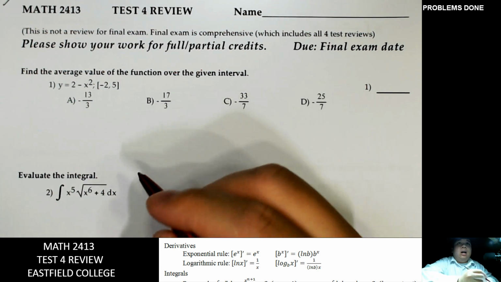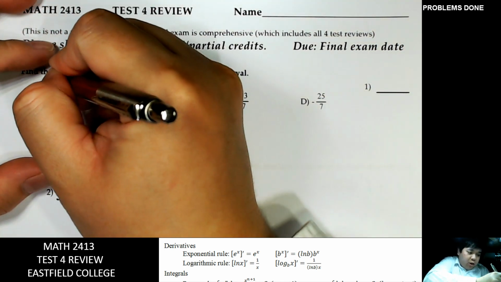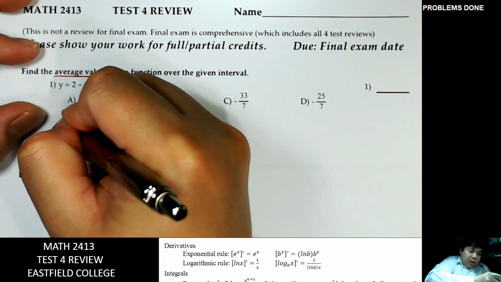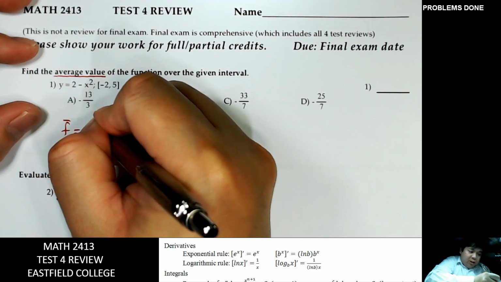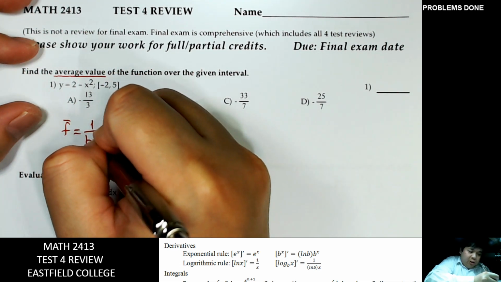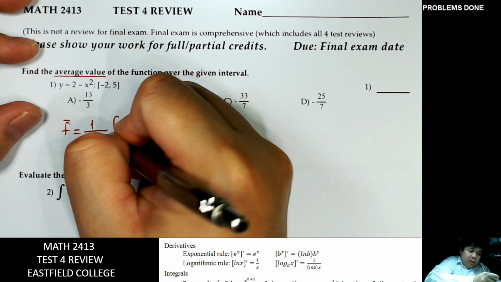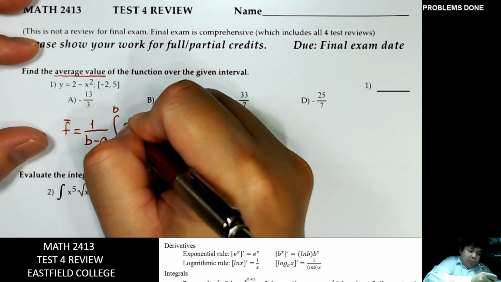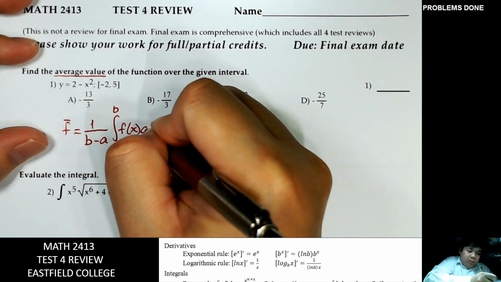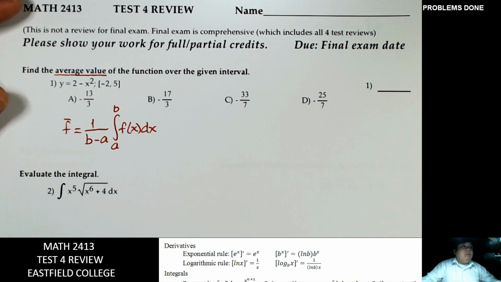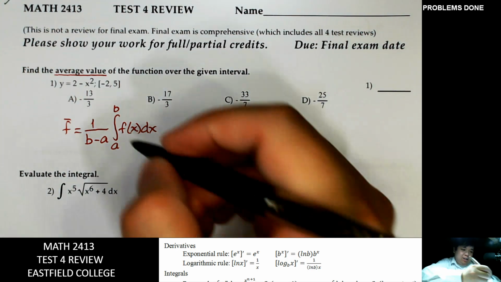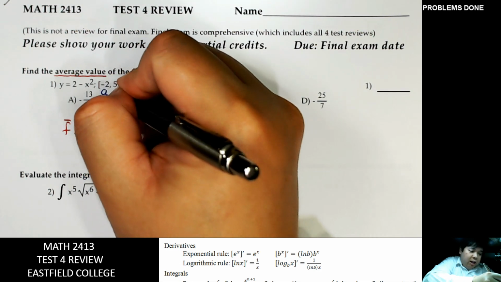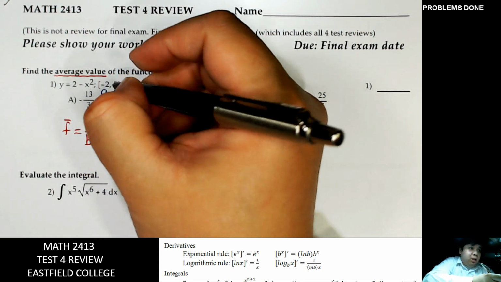So first, the average value function, average values of a function, given by this formula. So we go from -2 to 5. So the first one is a, the second one is b.